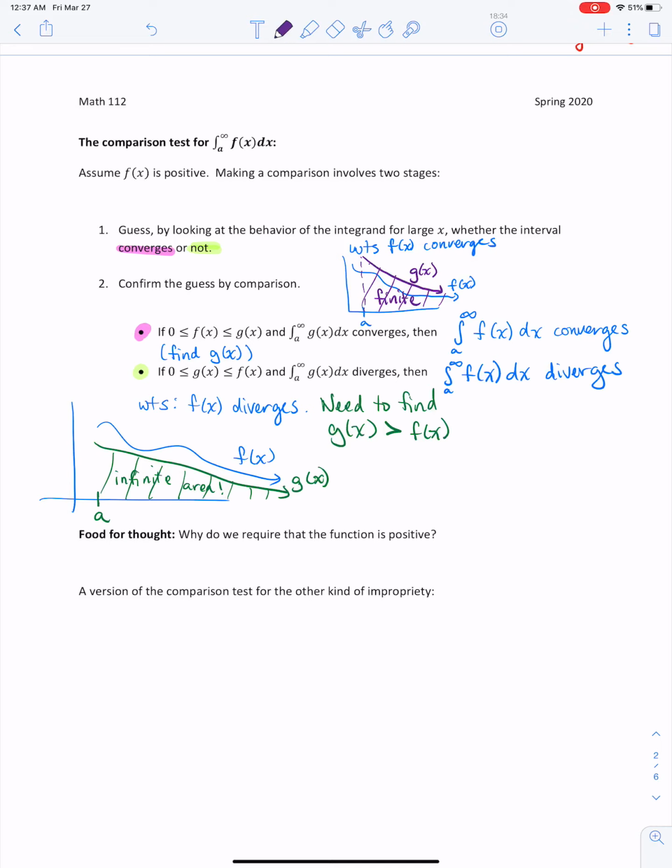So why do you think that we need the function to be positive? In this case, we want to avoid the potential issue of our graph maybe oscillating. Also, if our functions are always positive, then all of the areas are always positive, so we never have to worry about an infinite negative signed area.